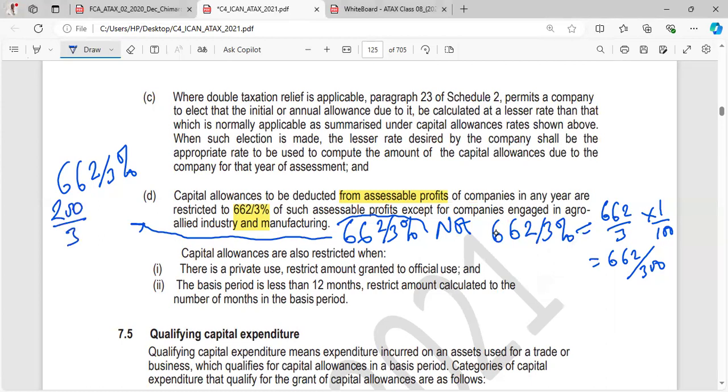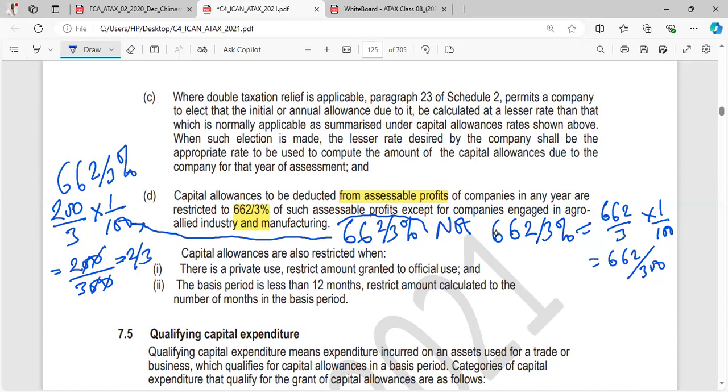Now percentage means times 1/100. Now 200 times 1 will give me 200, 3 times 100 will give me 300. So when you cancel, cancel, cancel, and cancel, it becomes 2/3.